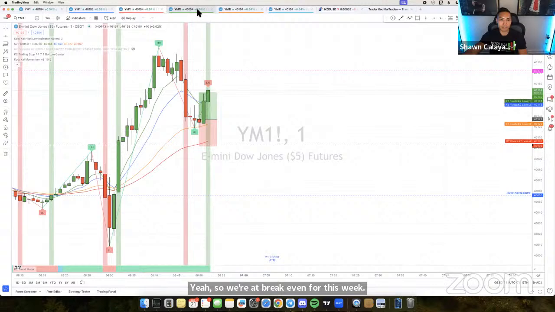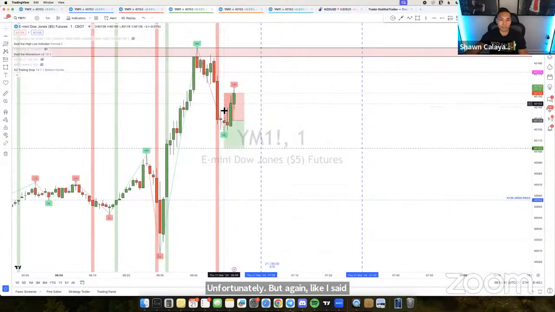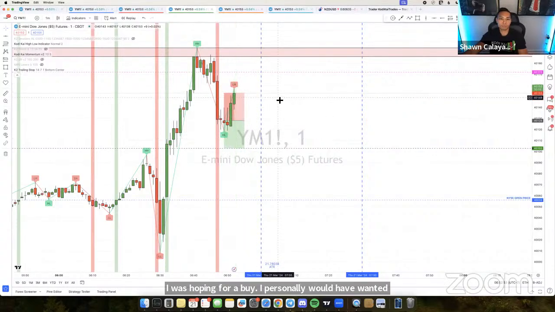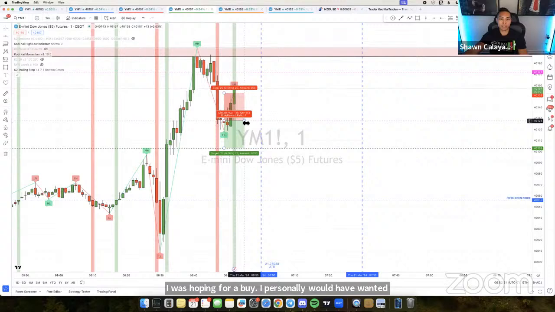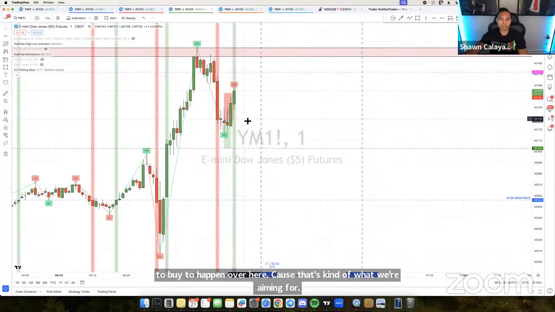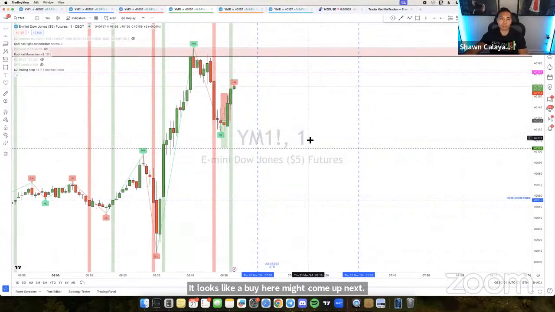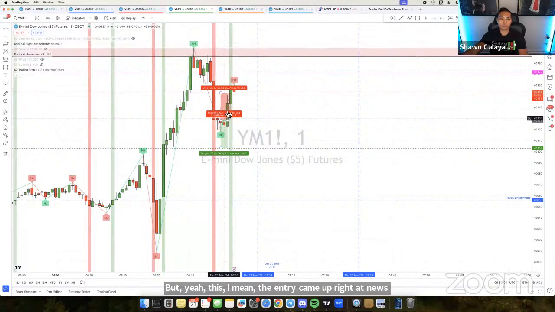But again, like I said, this was kind of tricky because it happened right at news. I was hoping for a buy. I personally would have wanted a buy to happen over here because that's kind of what we were aiming for. It looks like a buy here might come up next. But yeah, the entry came up right at news, so we got kind of caught in between market reaction to news. So this wasn't a smooth move.